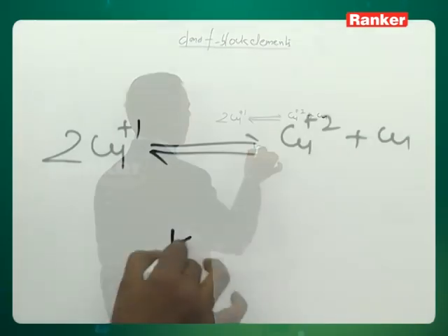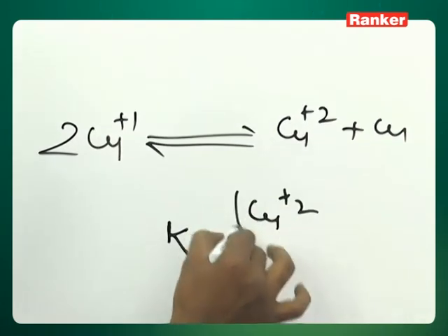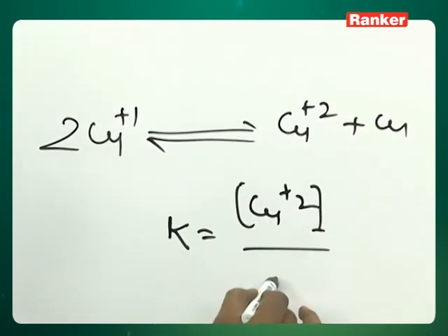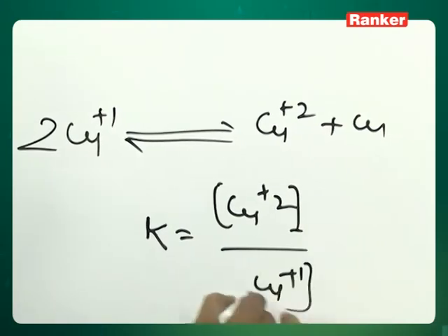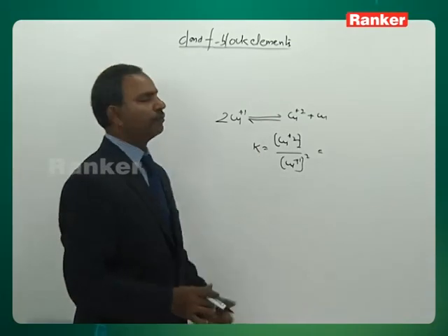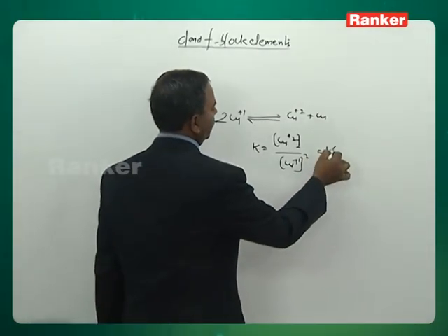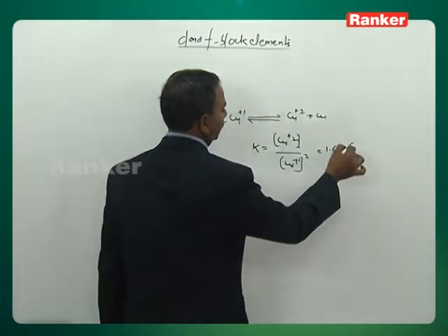Write the equilibrium constant for this: K equals the concentration of copper plus 2 divided by the square of the concentration of copper plus 1. This equilibrium constant value comes to be 1.6 into 10 to the power of 6.